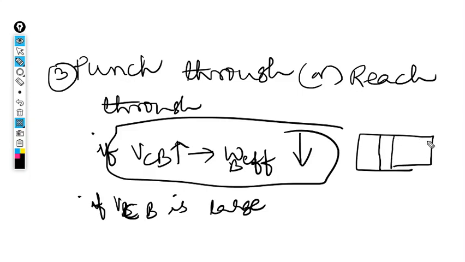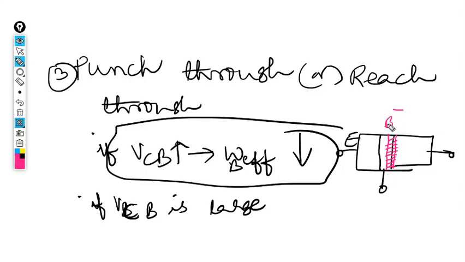This is our collector region, this is our emitter region, and this one is the base region. Because of the depletion region formation, if you apply a reverse bias voltage, the depletion region penetrates into the lightly doped side, and this side also. But the depletion region can penetrate more on the lightly doped side, as the base is lightly doped.